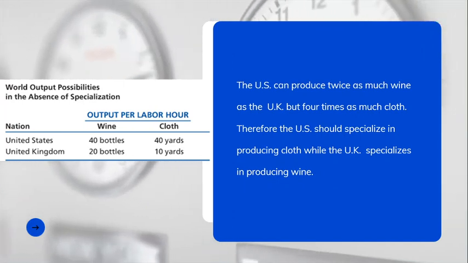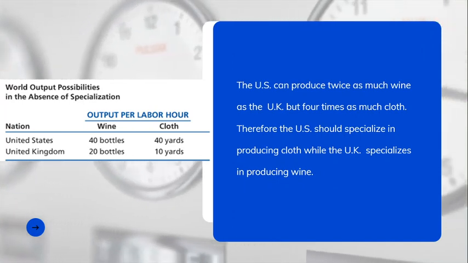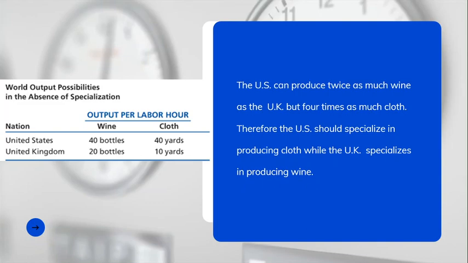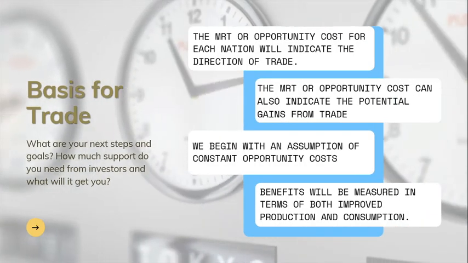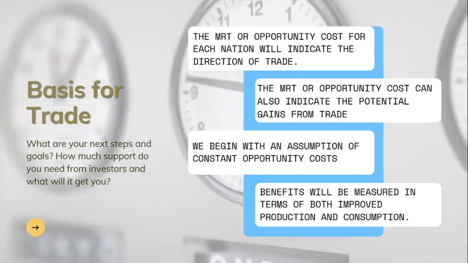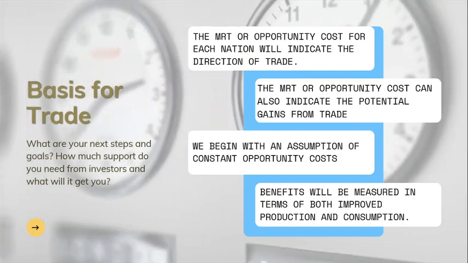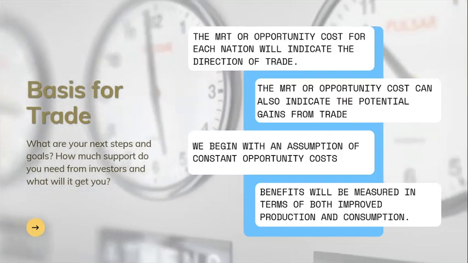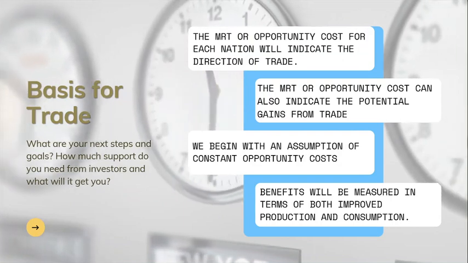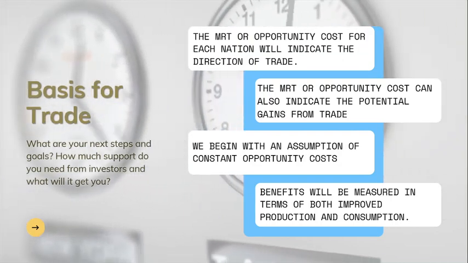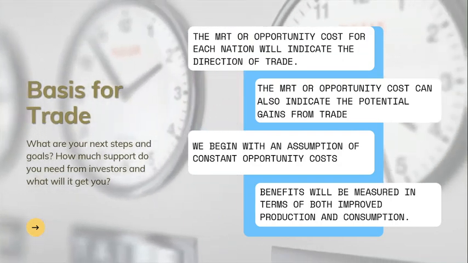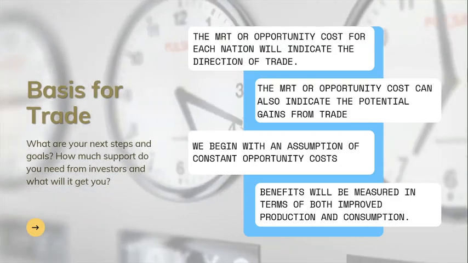And the problem is, for what commodity should the UK take for production? The US can produce twice as much wine as the UK but 4 times as much cloth. Because the rate of substitution is higher for cloth, that is 4 times, the US should specialize in producing cloth, while the UK specializes in producing wine.